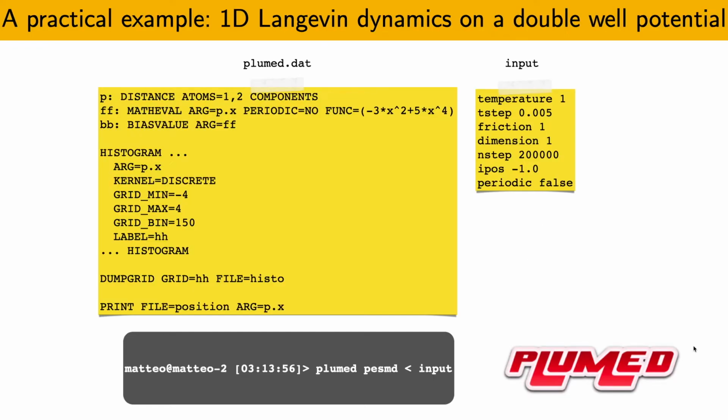All the examples that I will illustrate in the following have been generated using Plumed as a standalone solver for a simple monodimensional Langevin dynamics.